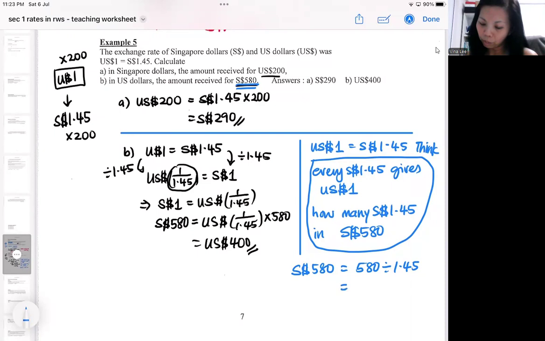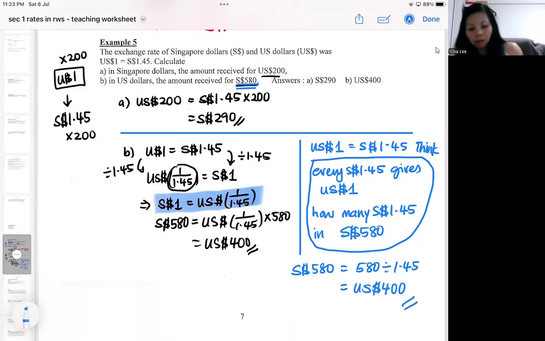However, you must remember to put the symbol. If you think of it this way, you can directly get the answer. You don't have to go through the rate for one dollar and then find how much you can get. So it's up to you.